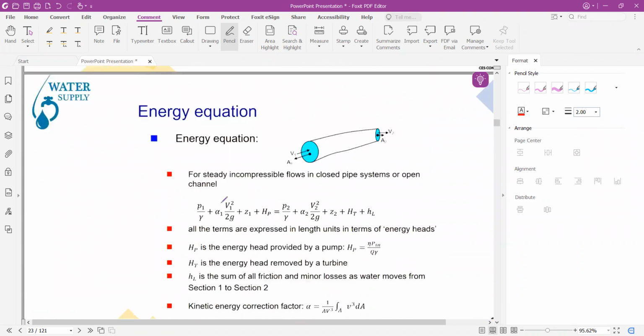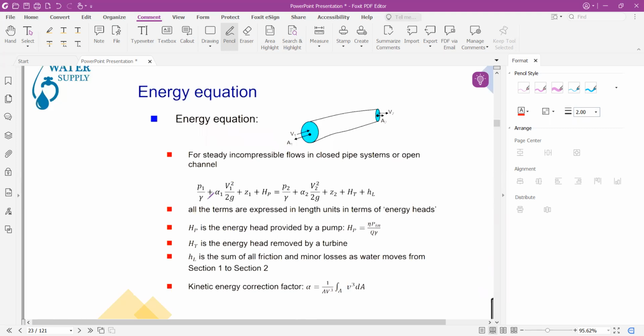As we know about the Bernoulli equation, for steady incompressible flow in a closed pipe system or open channel, the pressure head plus the velocity head plus the elevation head Z plus the head given by a pump will be equal to the pressure head at point 2, plus the velocity head plus the elevation head, plus the head utilized by the turbine, plus the head loss that occurs when the fluid flows through the pipes. Mostly the head losses occur due to the friction between the fluid and the pipe.